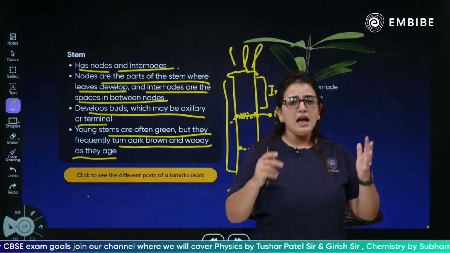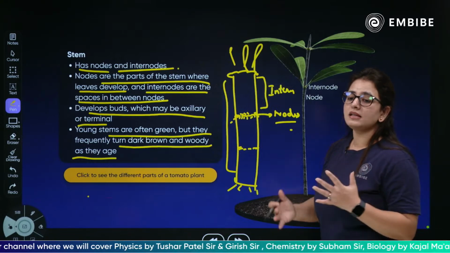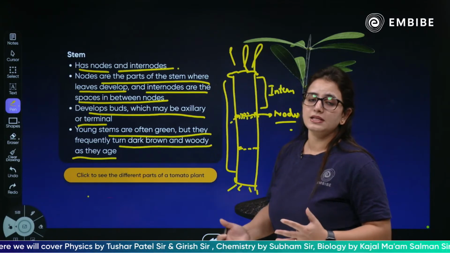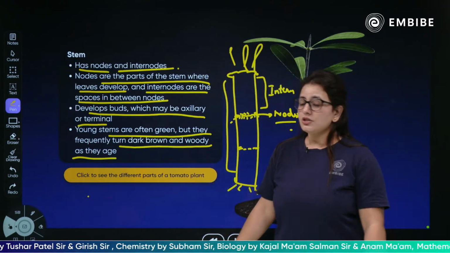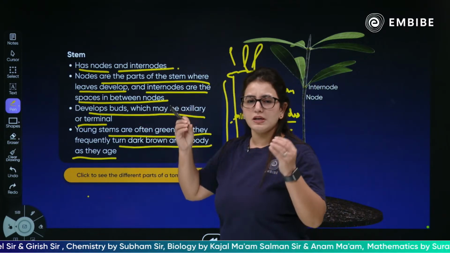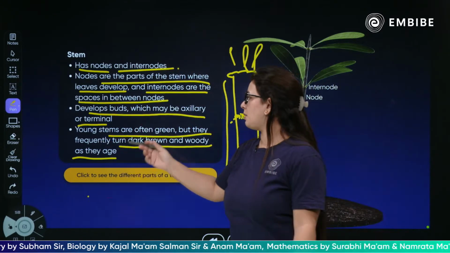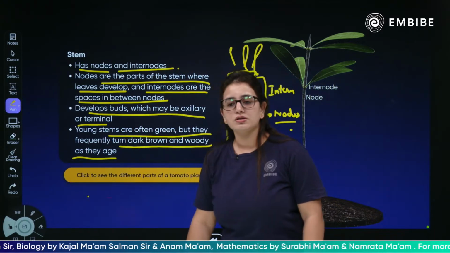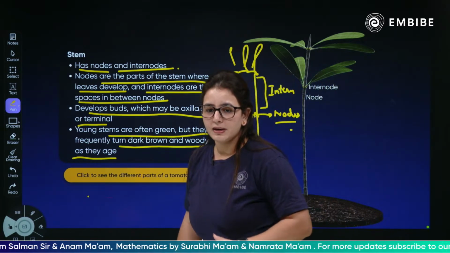Young stems are often green, but they frequently turn dark brown and woody as they age. Generally, a plant stem is green, but as time passes it becomes dark brown and woody. The developing buds are newly formed buds which eventually develop into whole branches in the shoot system, and they may be axillary or terminal.